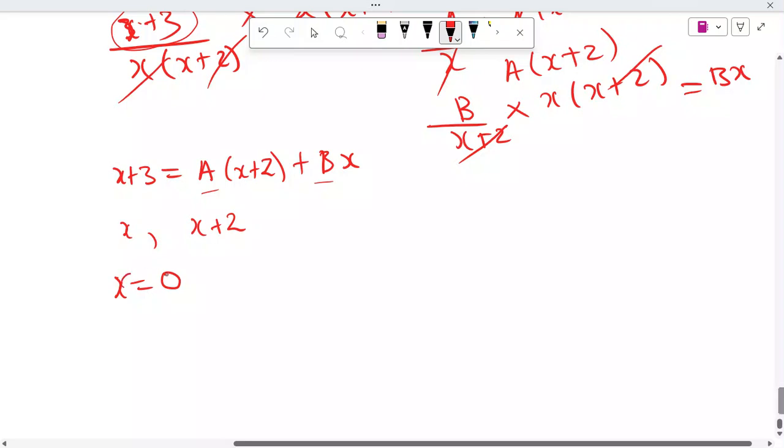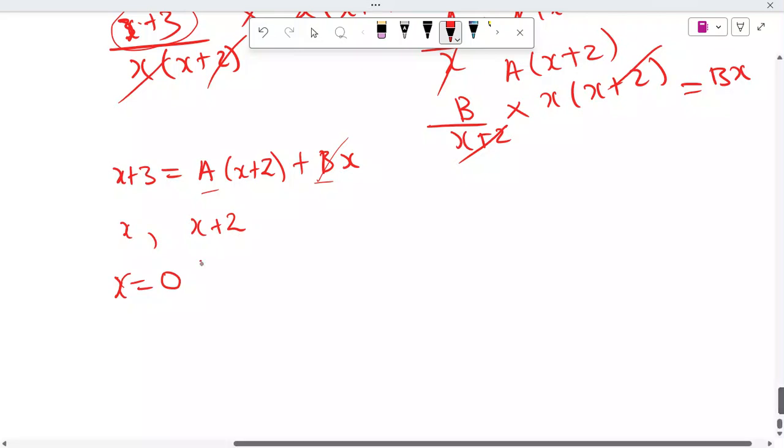When you set x equals 0, meaning everywhere where there is x, it will be 0. So here when you put the 0, this will go away. So you want to remain with A. Here we put 0, 0 plus 2, it will be 2A. Then here it will be 0 plus 3.